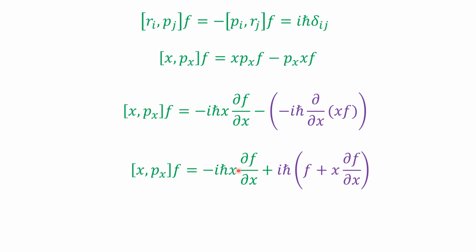Now you compare the first and the third term, which will get cancelled. Only this I h cross f second term will remain as it is. That is, the commutation of x with px is equal to I h cross f. The second term only is retained. Then the first and the third term get cancelled, which implies the commutation between x and px is simply I h cross.